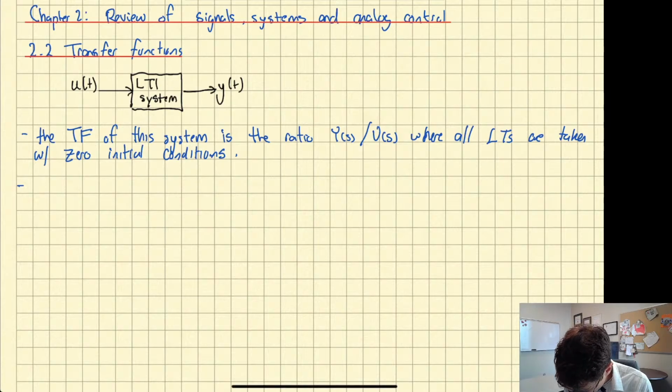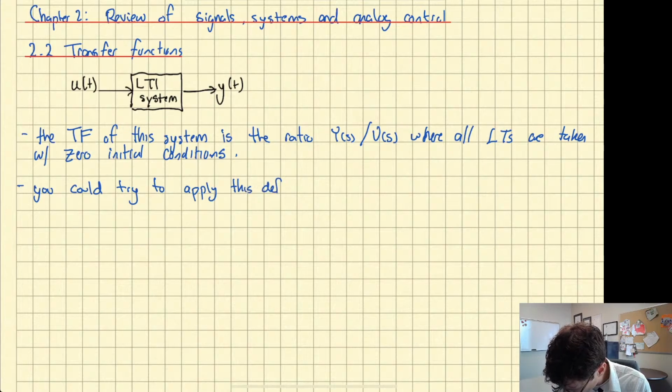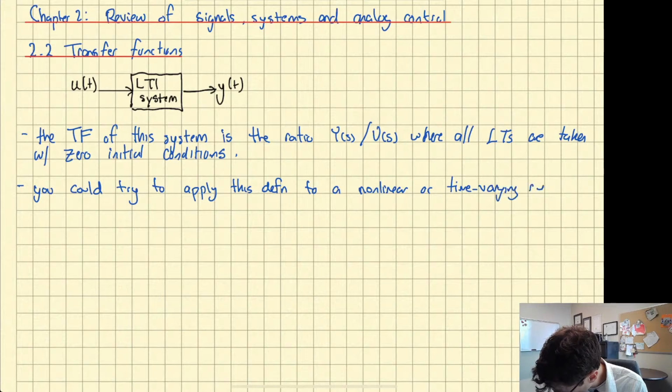So you could try to apply this definition to a nonlinear or time-varying system.